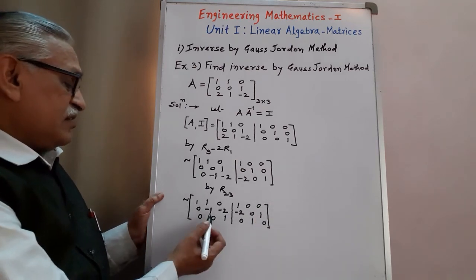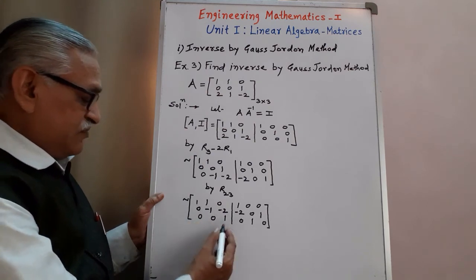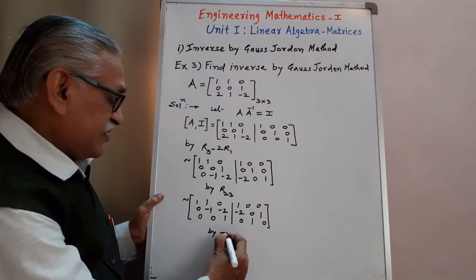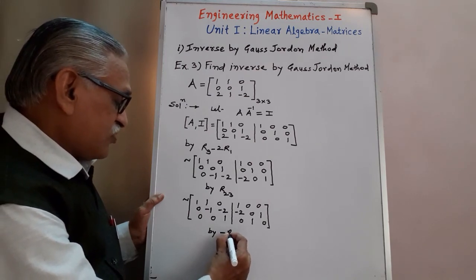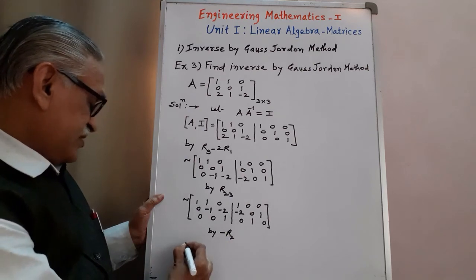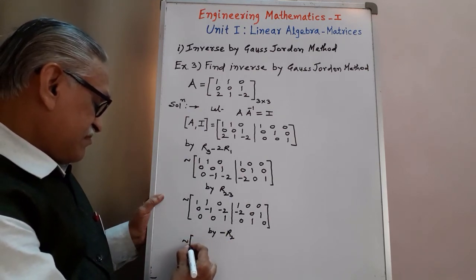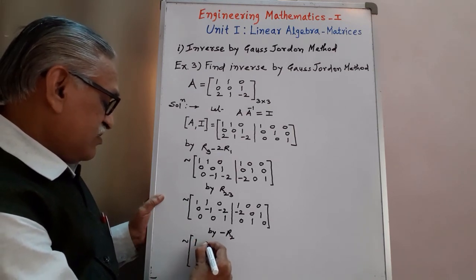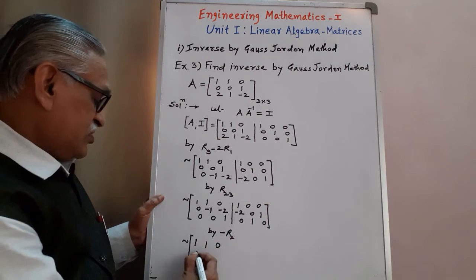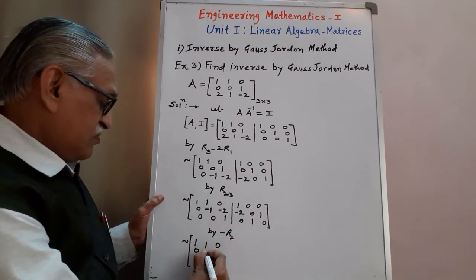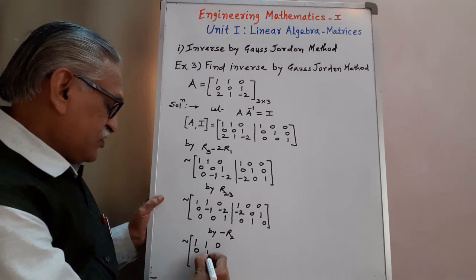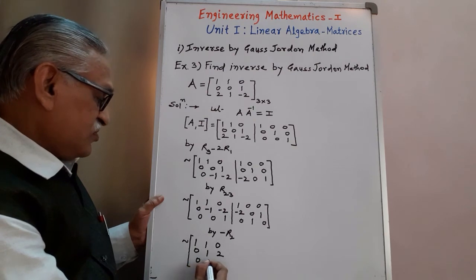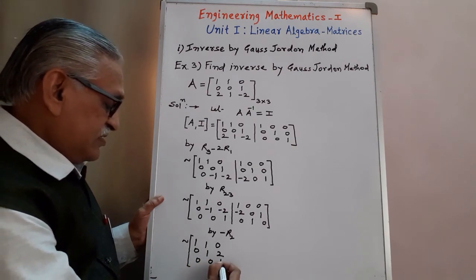Okay, then making this plus 1, for that we have to multiply by minus sign. Therefore, minus of R2 we get 1 1 0, 0 minus 1 into minus 1 we get plus 1, minus 1 into minus 2 we get plus 2, 0 0 1.